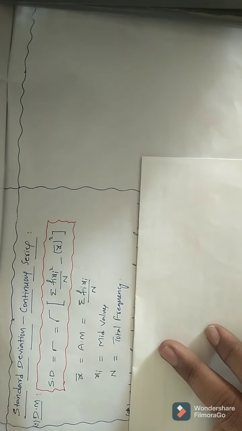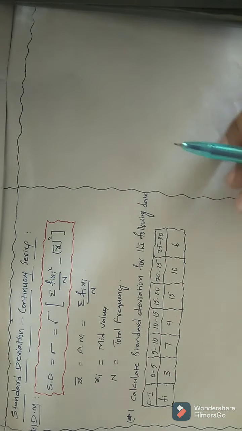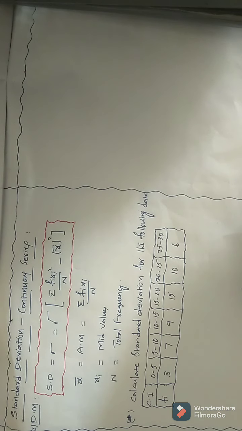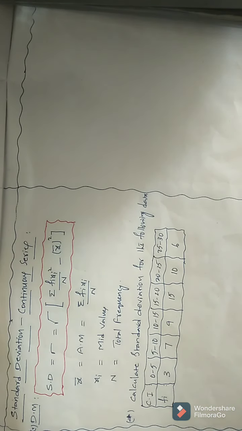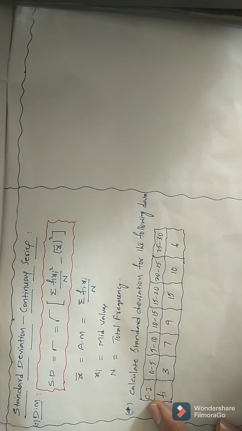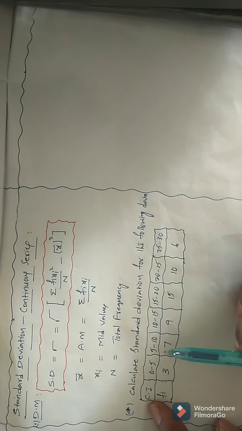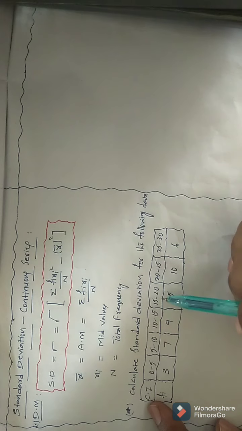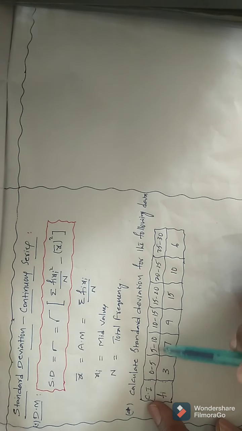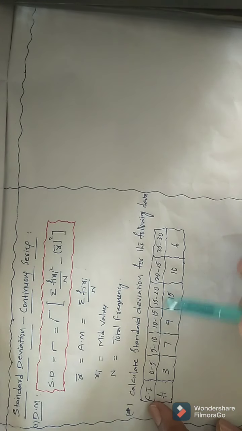Right? Now we are going to apply this formula to this given problem. Calculate standard deviation for the following data. The class intervals are given: 0 to 5, 5 to 10, 10 to 15, 15 to... So if you see, this is a continuous series. If it were discontinuous, we would have to make it continuous.